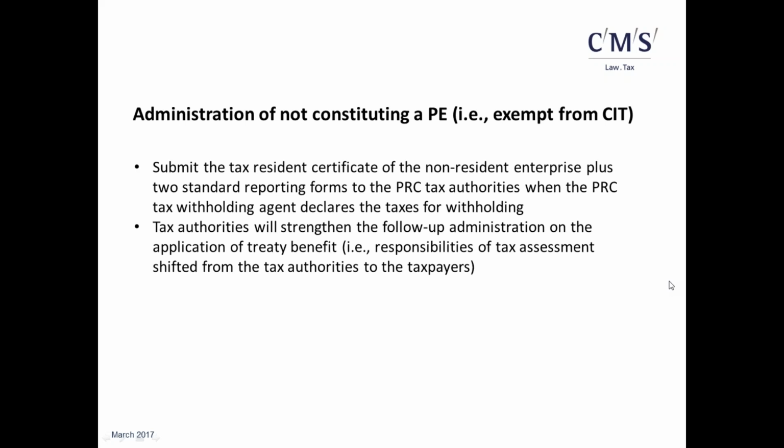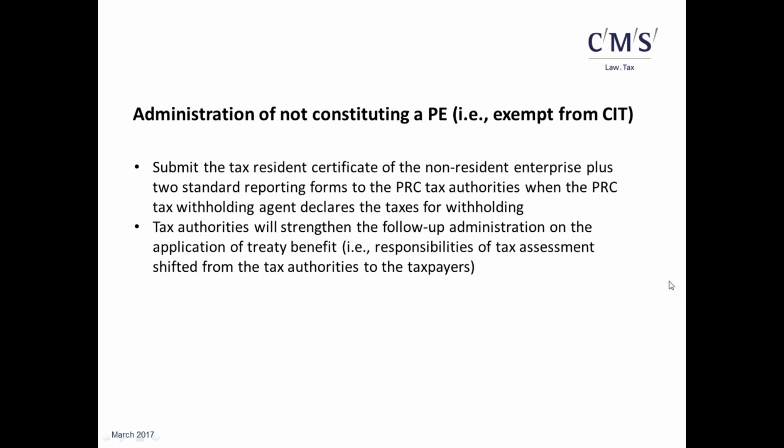I think the first step should be the self-assessment, because when you say, okay, we have not constituted a PE in China, then you prepare these two standard reporting forms and the tax resident certificate, and then you submit them to the tax authorities for assessment. If they say no, we don't agree because of this and that, and we are not convinced that you have not constituted a PE in China, then you should be taxed in China.